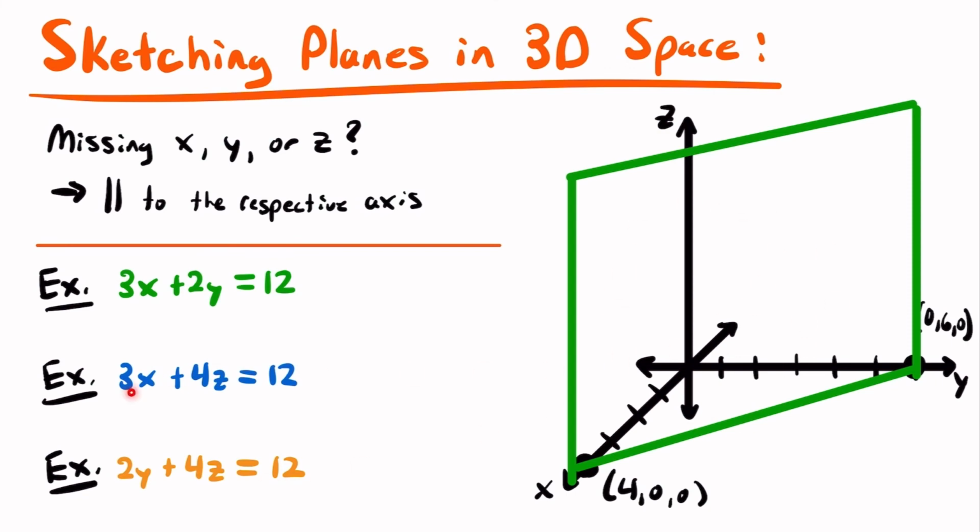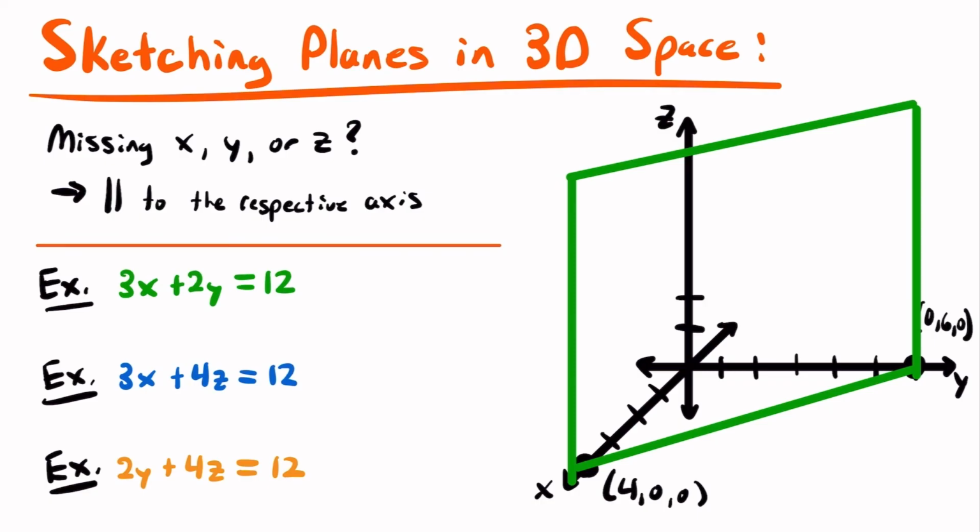But now if we move on to this second equation here of a plane, notice that the y term is missing. We have 3x plus 4z equal to 12. And so we're not going to have a y-intercept. This plane will be parallel to the y-axis. So the x-intercept will still be 4, right? 12 divided by 3 is 4. And then the z-intercept will be 12 divided by 4, which is 3.